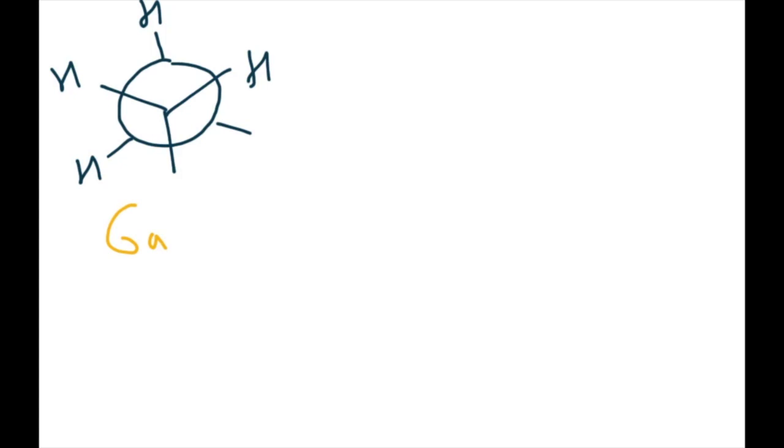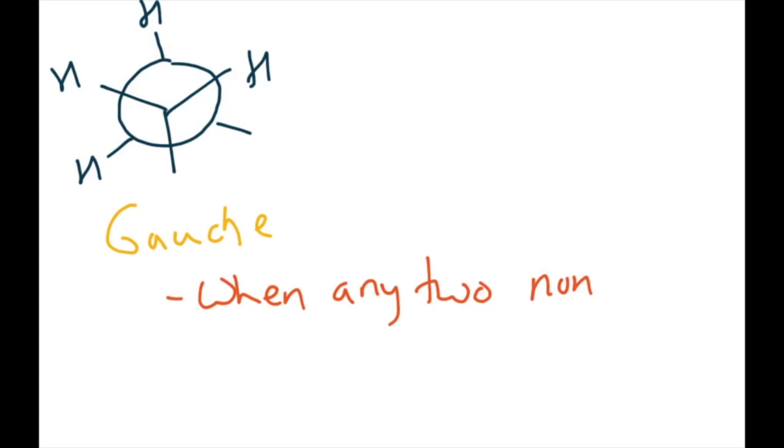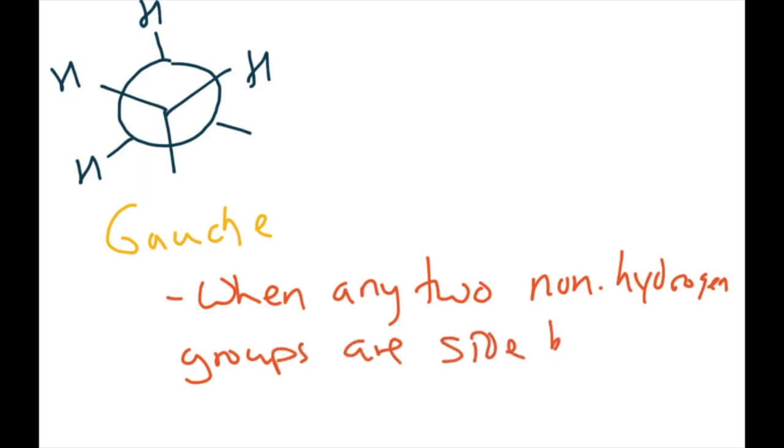This is a gauche conformation, G-A-U-C-H-E. A gauche conformation occurs when any two non-hydrogen groups are side by side. So the reason this is gauche is that this methyl group and this methyl group are beside each other.